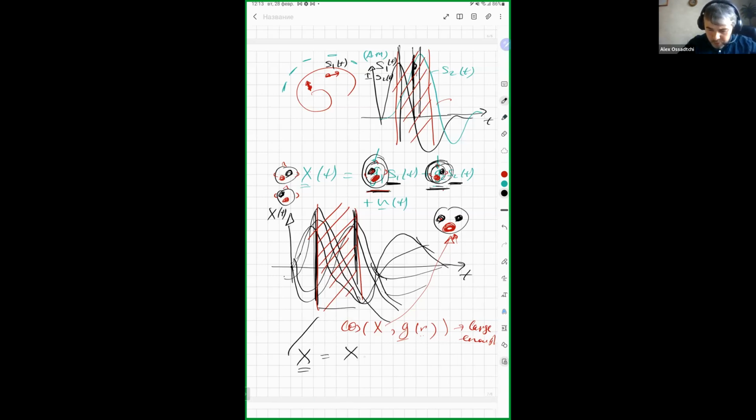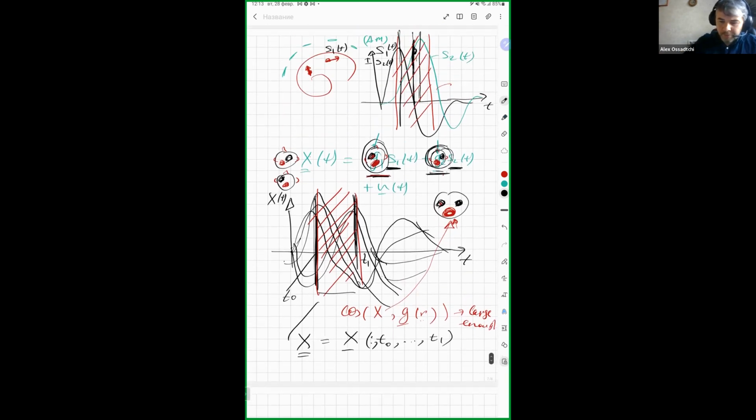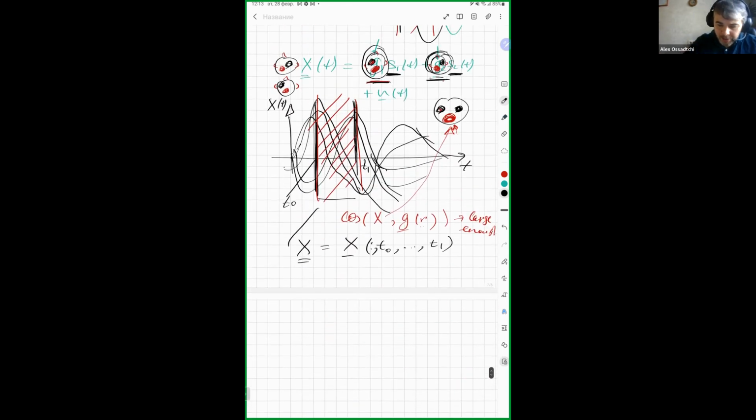Which simply corresponds to x from t0 to t1, for instance, in the matrix. Now assume that you also have some unknown sources, a vector of sources s1 of t and s2 of t.